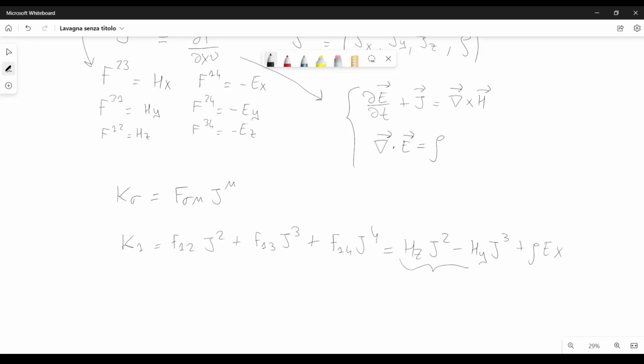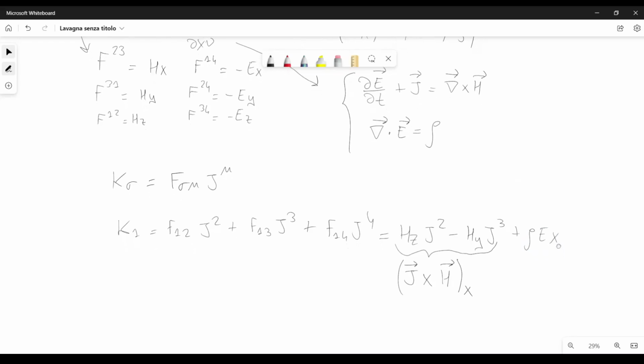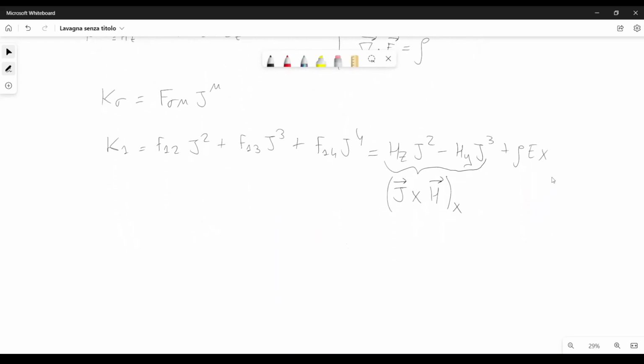And these first two terms give me the expression vector j, the three-dimensional current density, cross h, the three-dimensional vector h, which is the magnetic field, and in particular we take the x component of this. You can do something similar for k2 and k3, whereas k4 has a slightly different expression.